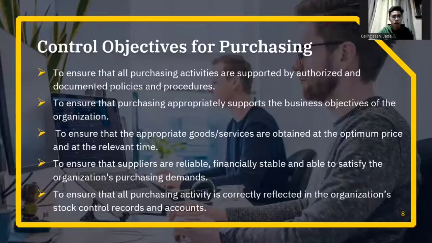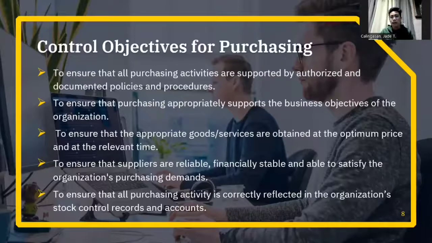Next is to ensure that the appropriate goods and services are obtained at the optimum price at a relevant time. To ensure that suppliers are reliable, financially stable, and able to satisfy the organization's purchasing demands. And lastly, to ensure that all purchasing activity is correctly reflected in the organization's stock control, records, and accounts.